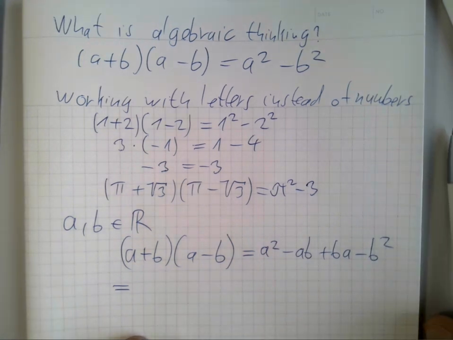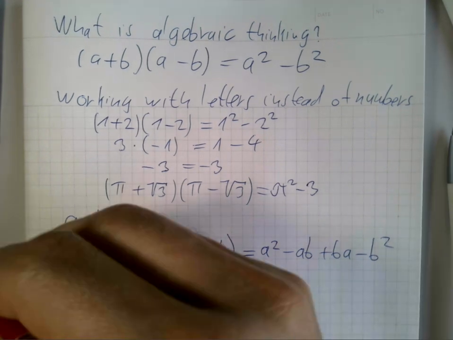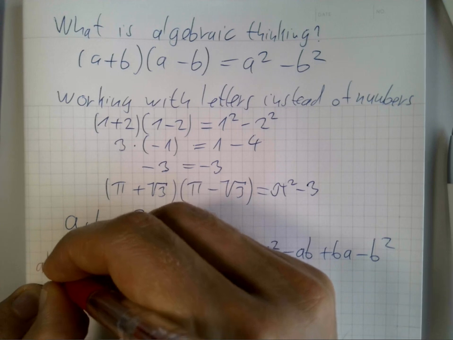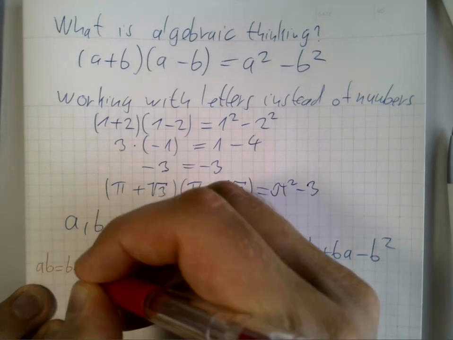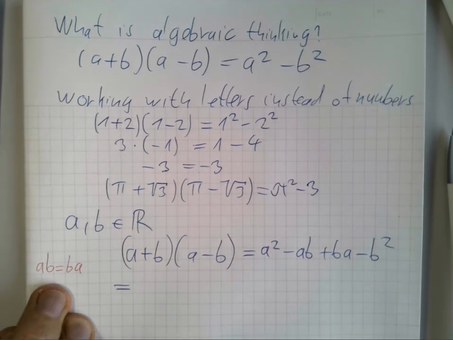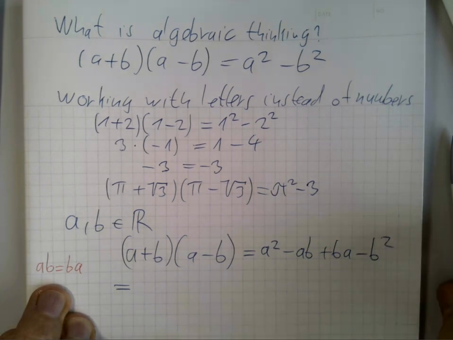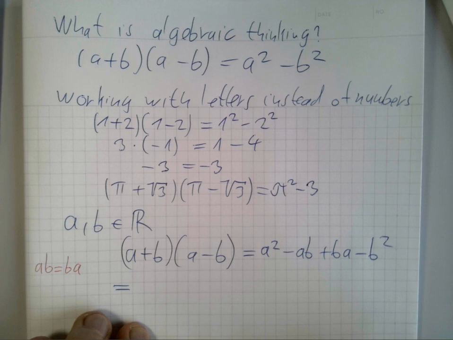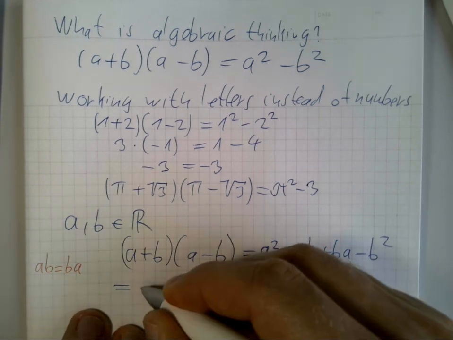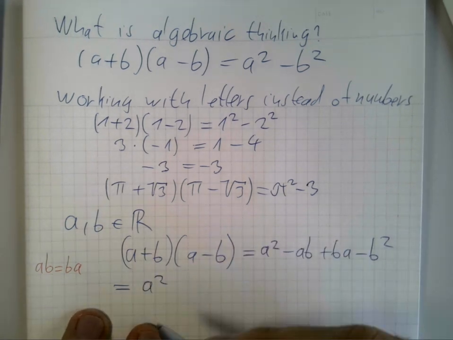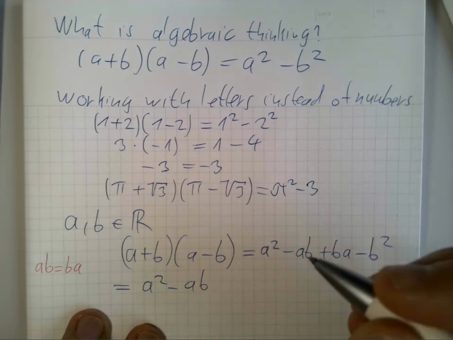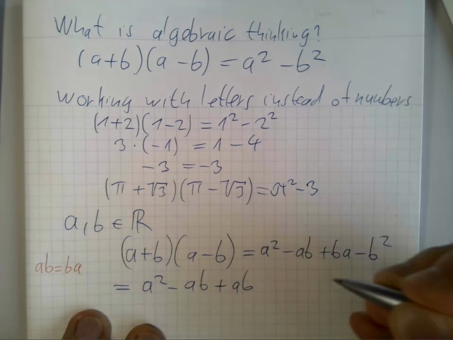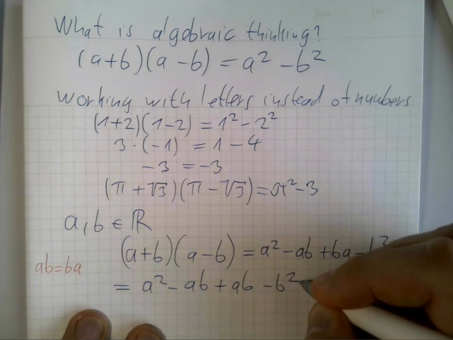Now I can use a law: I know that a times b equals b times a, because multiplication is commutative for real numbers. So I can rewrite this as a squared minus ab plus ab minus b squared.